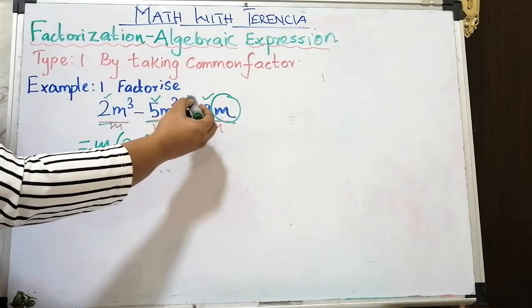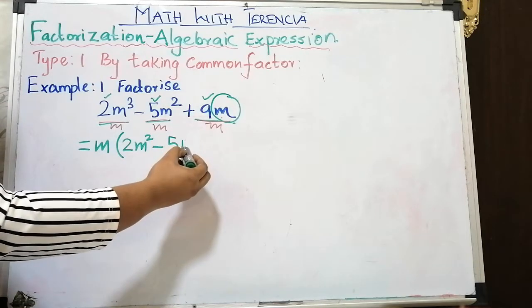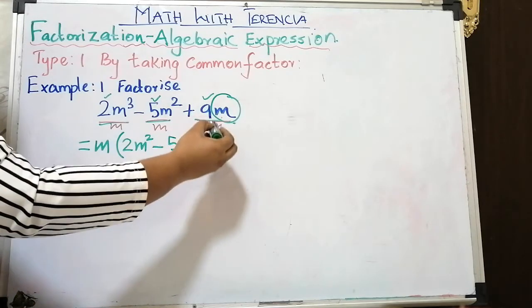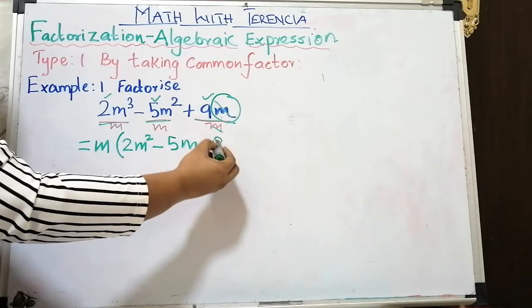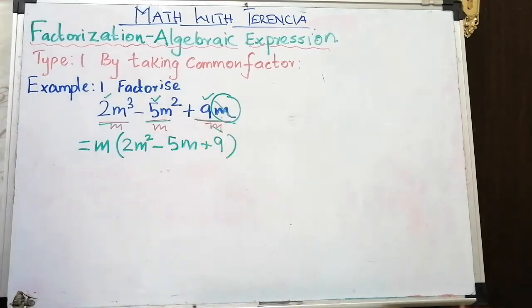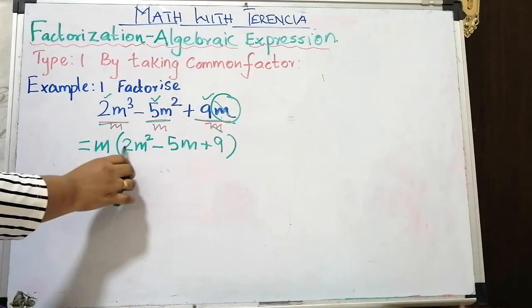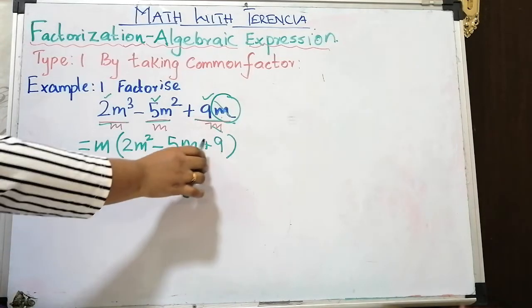So m power 2 minus 1, that is m, plus, and here I can cancel m and m. So the answer is m into 2m square minus 5m plus 9.